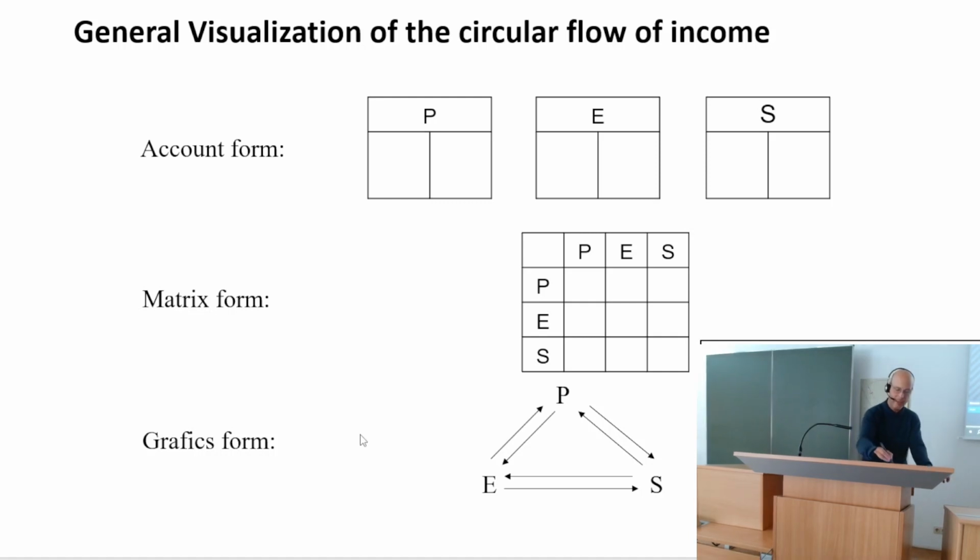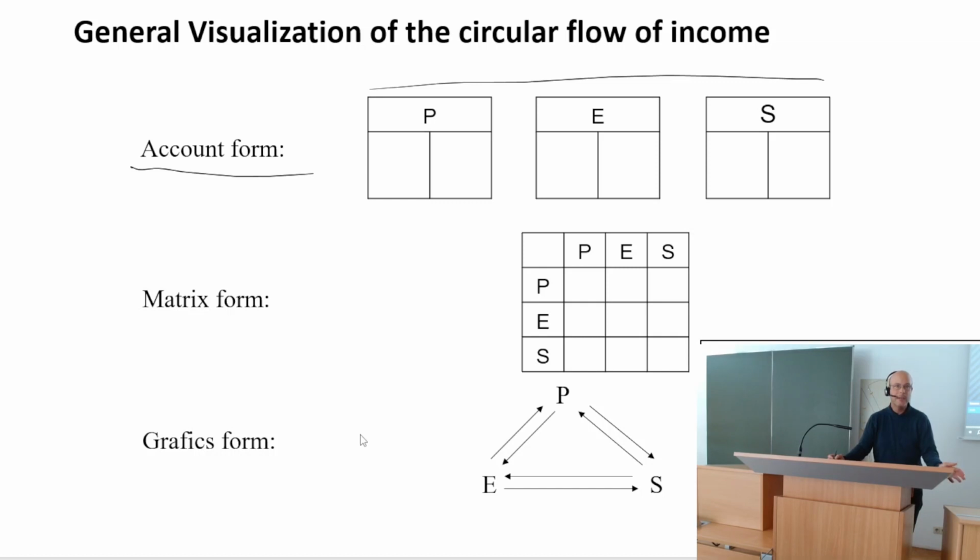And the first one, I think you are quite familiar with from other lectures, is the account form. So we put an account for every sector. On the right side is what is coming in, on the left side, what is going out.